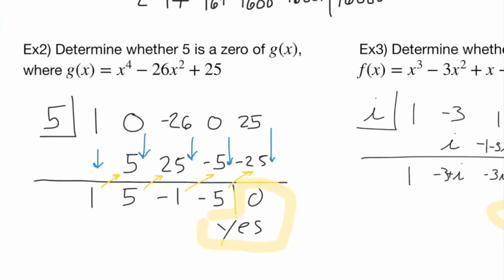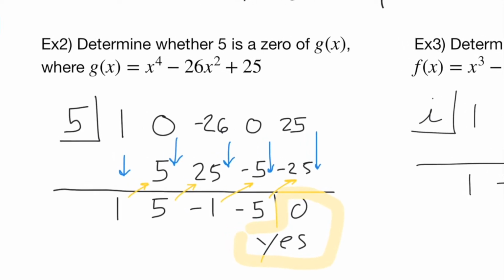Determine whether 5 is the 0 of g of x. Well, you could substitute it in as a value and see if you get a remainder of 0. So 5 is the potential 0. Let's take 5 and plug it into the coefficients, 1. There's actually no x cubic term, so we have to insert a 0. Minus 26. There's no linear term, so we have to insert a 0, and 25.